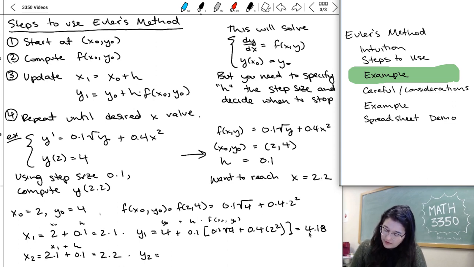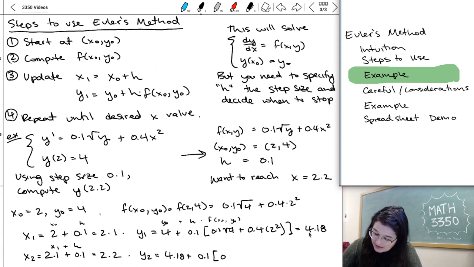So y2 is going to be the previous y value, 4.18, plus that step, 0.1, times f. And this is where it starts to get kind of tricky because you have to plug in these really gross numbers to this really gross function. But it's 0.1 times square root y. So right now my y is 4.18.